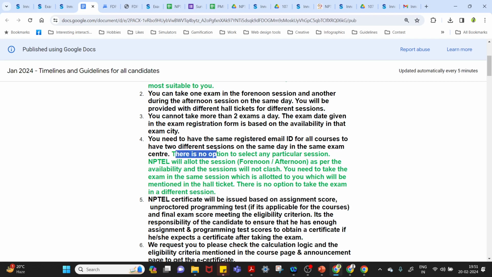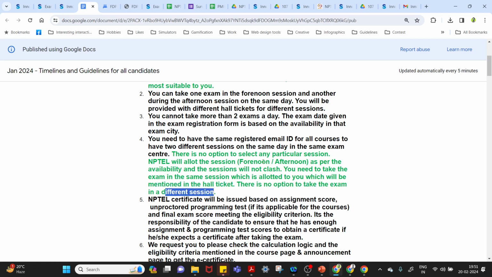It says there is no option to select any particular session. NPTEL will allot the session as per availability, and sessions will not clash. You need to take the exam in the session allotted to you, which will be mentioned in the hall ticket. There is no option to take the exam in a different session.